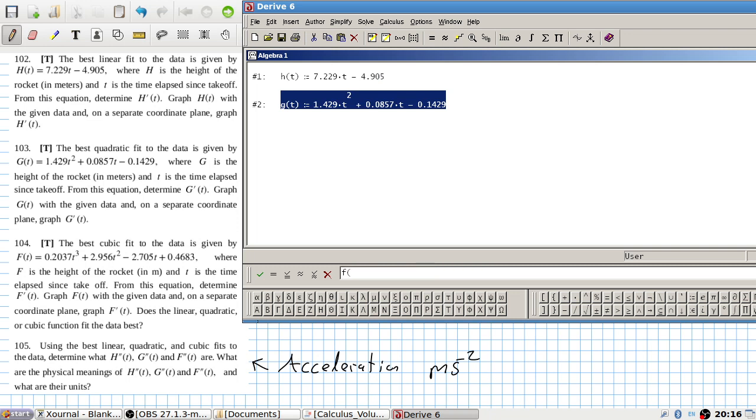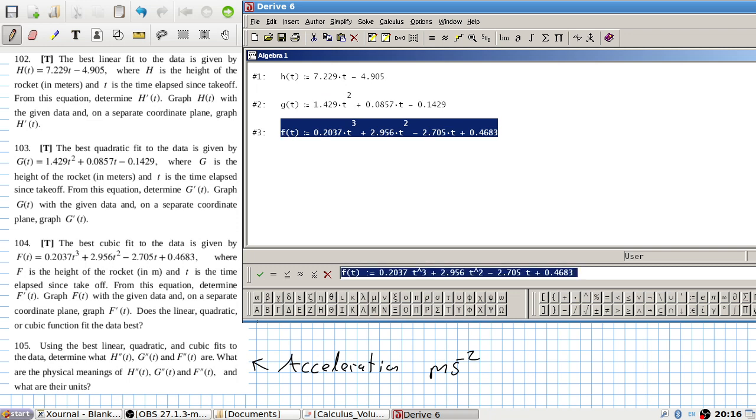And then f(t) is 0.2037 t cubed plus 2.956 t squared minus 2.705 t plus 0.4683. Okay, so let's plot.